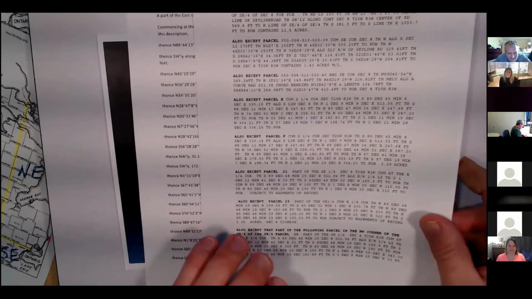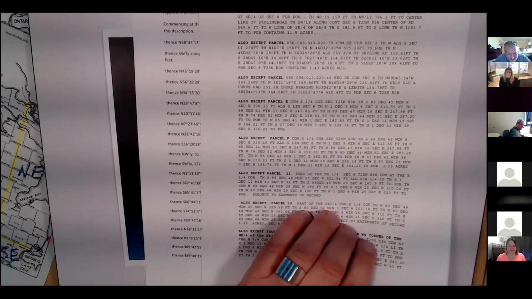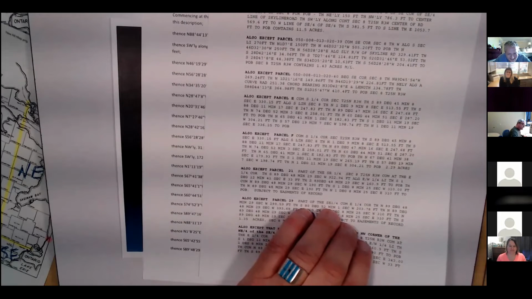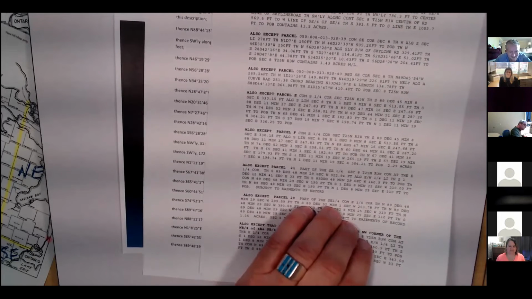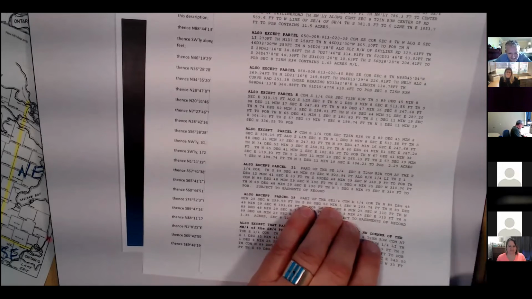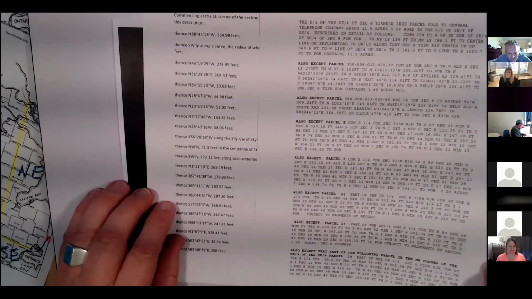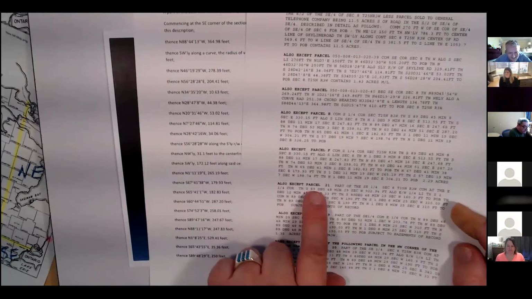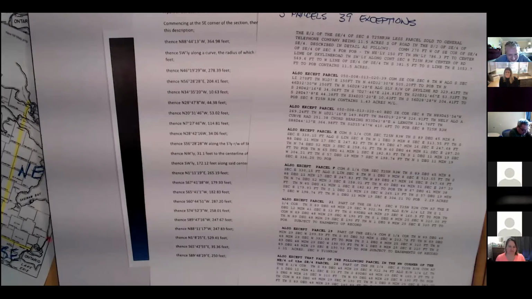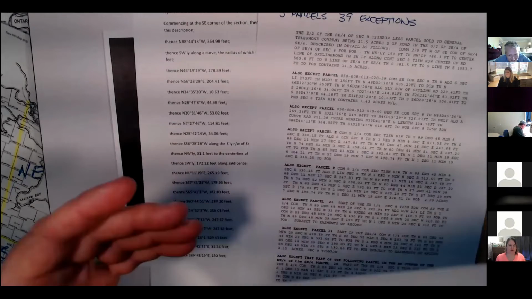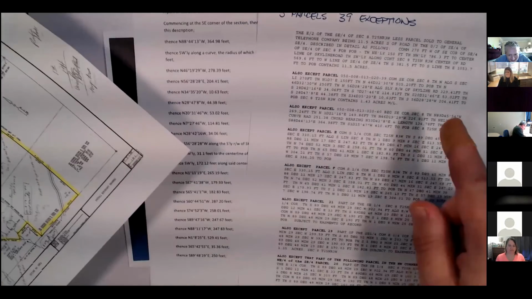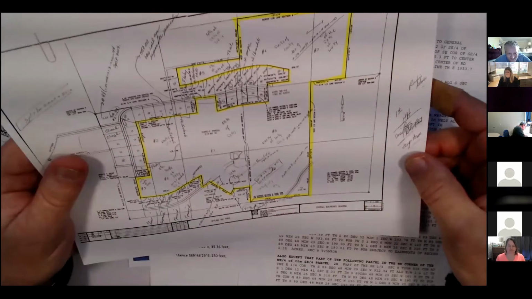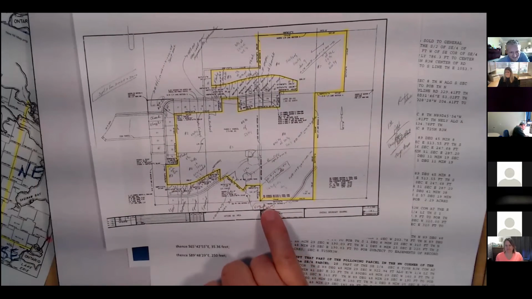So after we got to this point, we went back to our original map and eliminated all of these exceptions and actually just followed the map itself. Discovered where our point of beginning was, and then literally just followed the survey and described each direction.